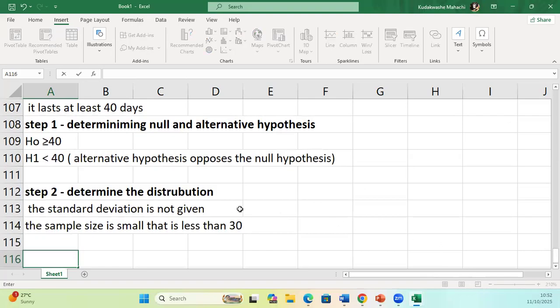Therefore, we use the t-distribution. Under these conditions, when the sample size is small and we are not given the population standard deviation, we use the t-distribution.